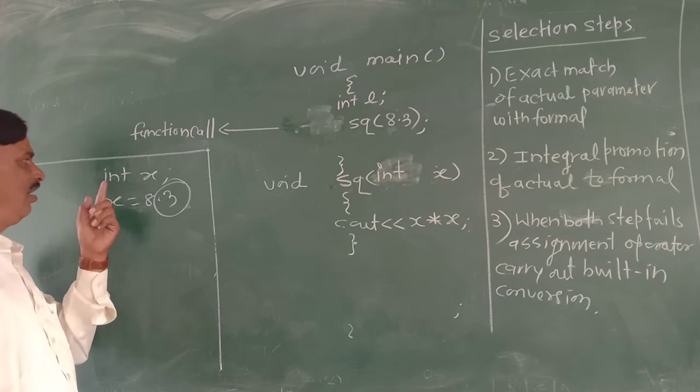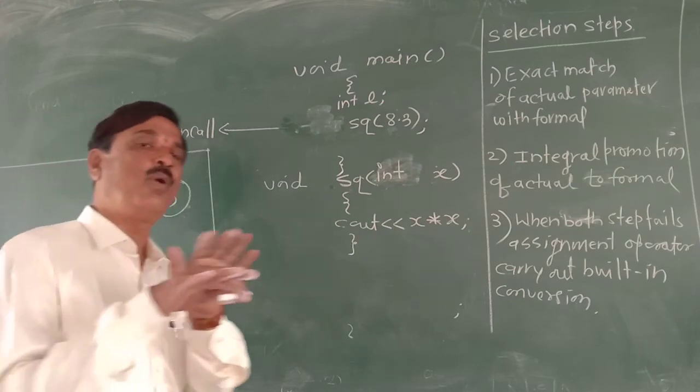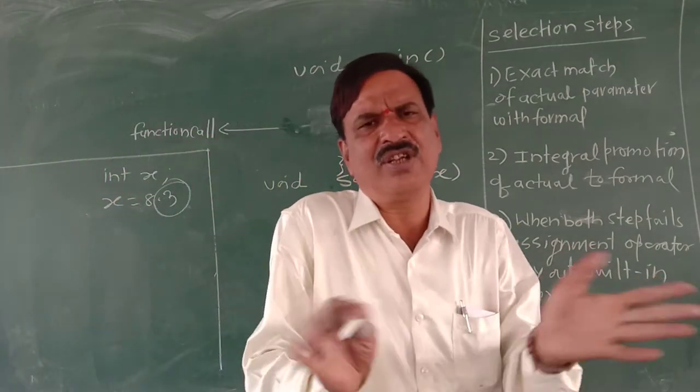Like this, integer x is there to whom you are assigning the float value, so it truncates. Its conversion is called built-in.